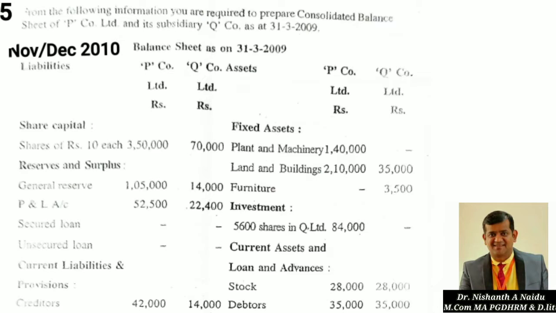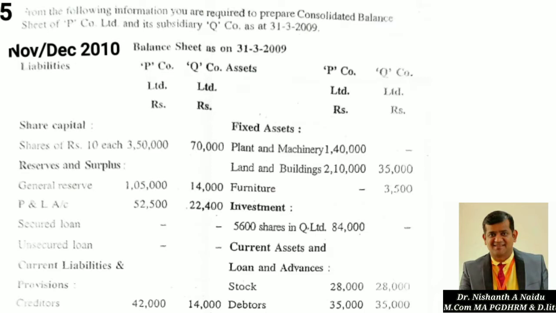So in the liability side, we have share capital, shares of rupees 10 each, 3,50,000 P Company Limited, 70,000 Q Company Limited. Reserves and surplus, general reserves 1,05,000 P Company Limited, 14,000 Q Company Limited.